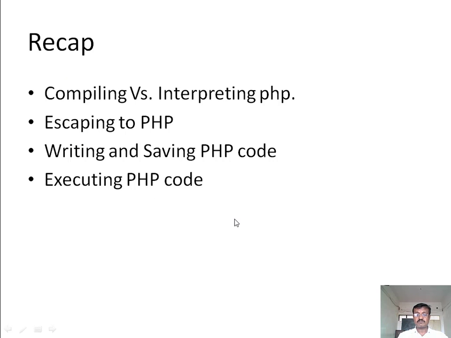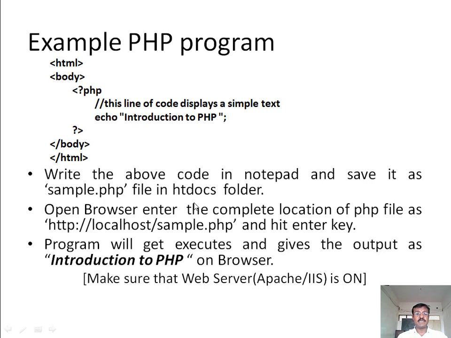So in order to execute your code, you must specify this URL in the browser's address bar. In the address bar of our browser, we specify this address and just hit the enter key.